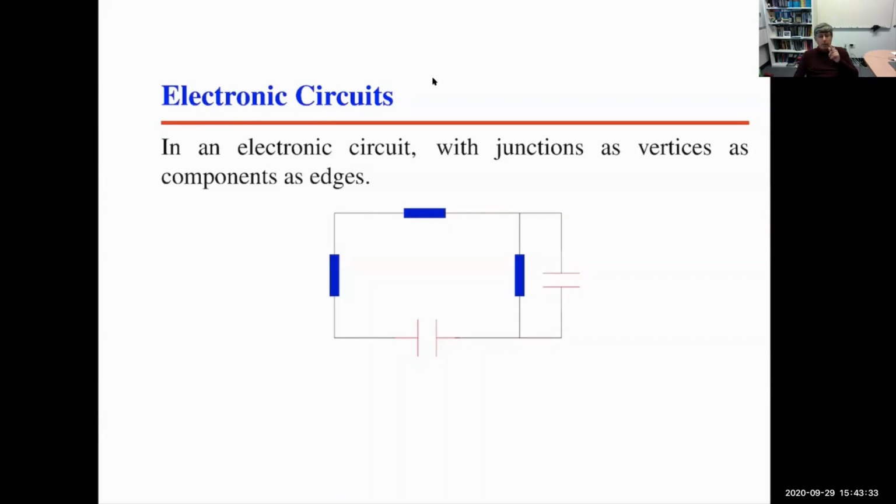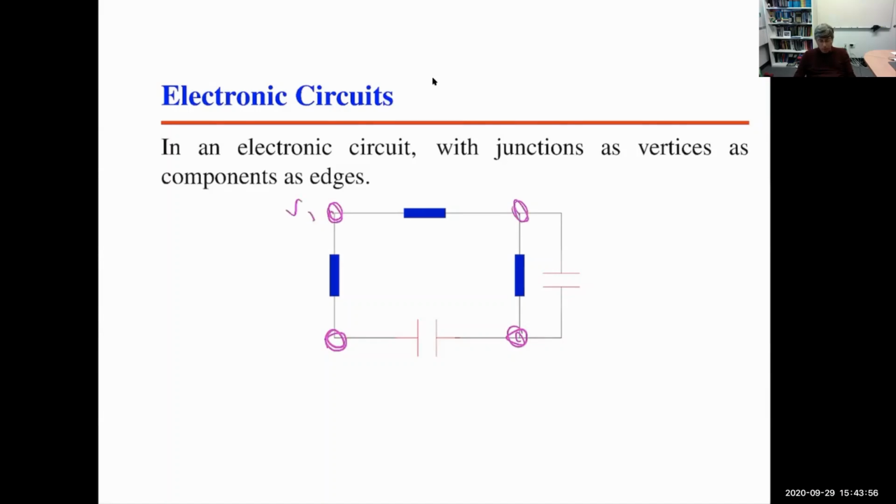There are a couple of different ways to look at this circuit and see a network. What would be a way to do it? One way would be to say that every junction between things is a vertex.